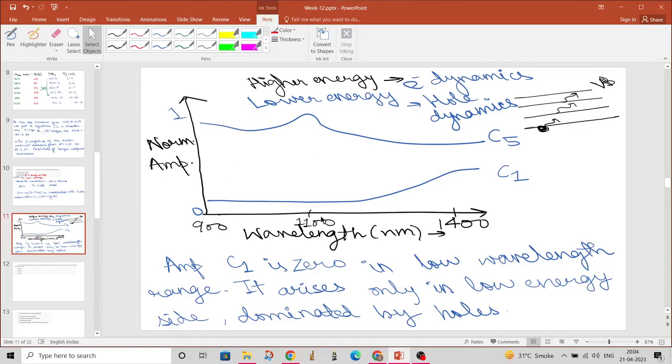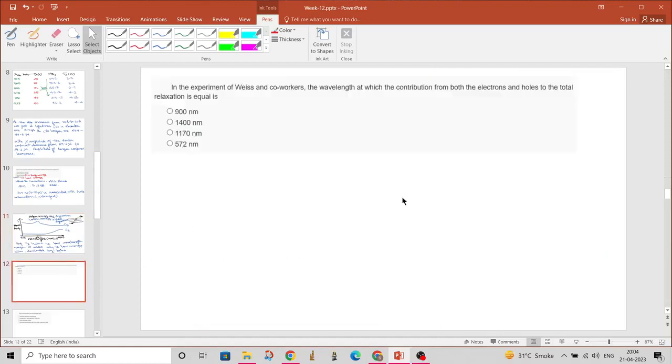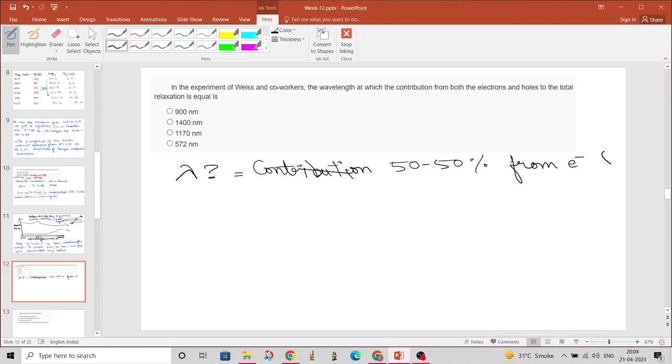So at what wavelength is there a 50-50% contribution from electrons and holes?